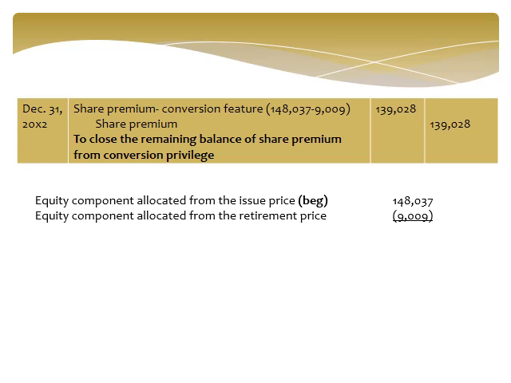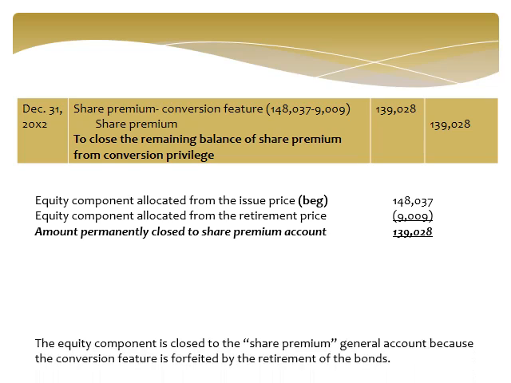So, therefore, i-close lang din natin si equity component na 148037. However, net na ng allocated retirement price. So, here, the allocated retirement price for the equity component is 9,009. So, the amount permanently close to share premium account is 139028.